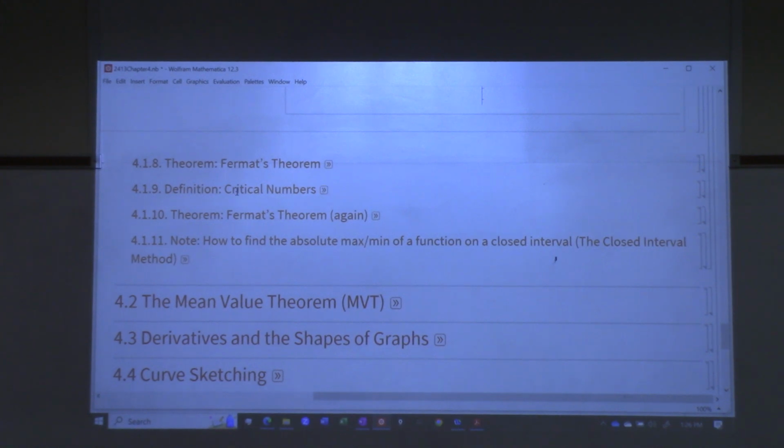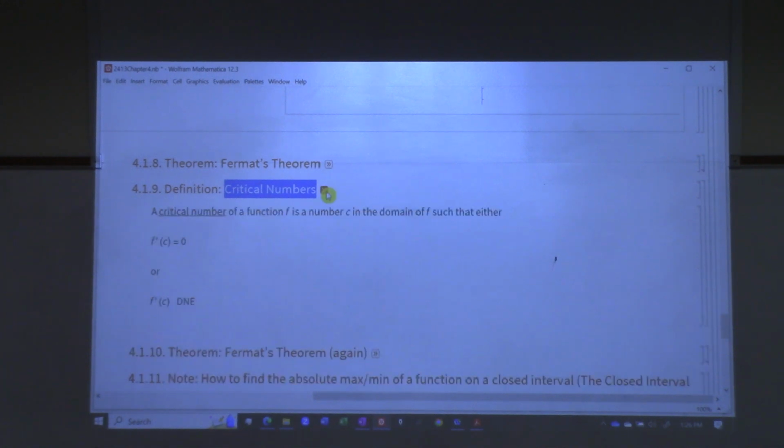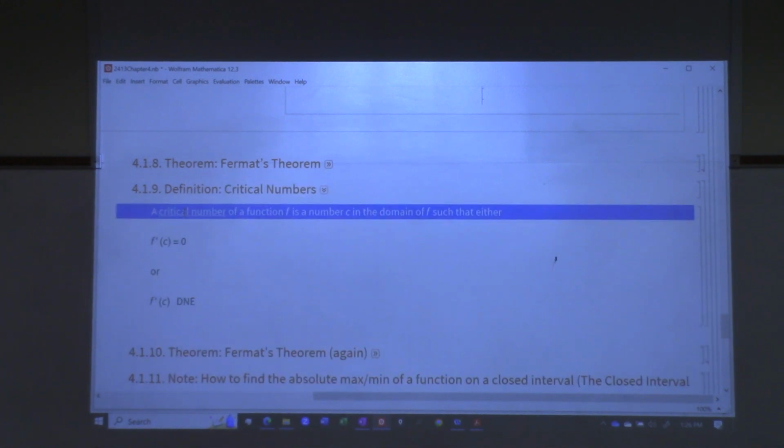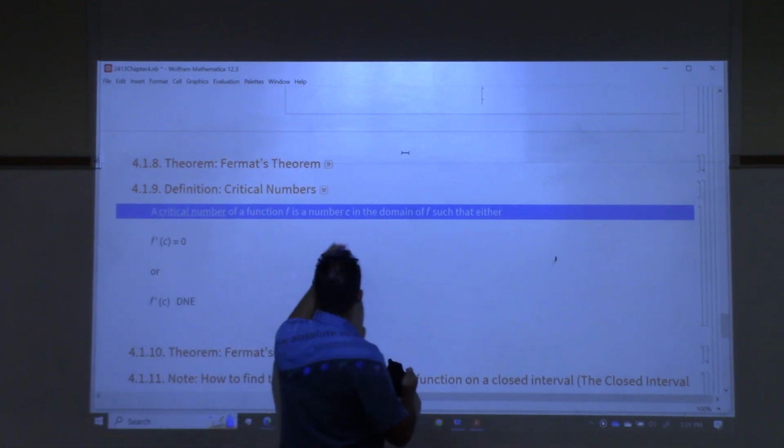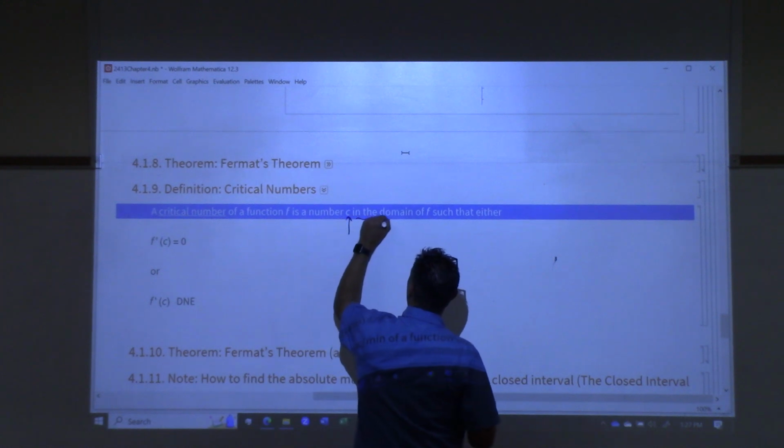It's the definition of what's called a critical number, okay? Critical numbers. A critical number of a function, right? So if somebody gives you a function, right? Any function, and they say, hey, what are the critical numbers? This is what they are. A critical number of a function is some number c in the domain of f.